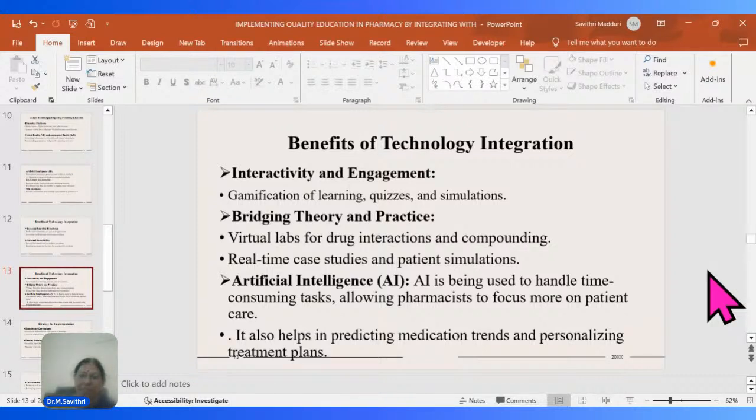Real-time case studies and patient simulations. Real-time case study is another important thing. You give an assignment to the students, let them go and collect the data from the patients.